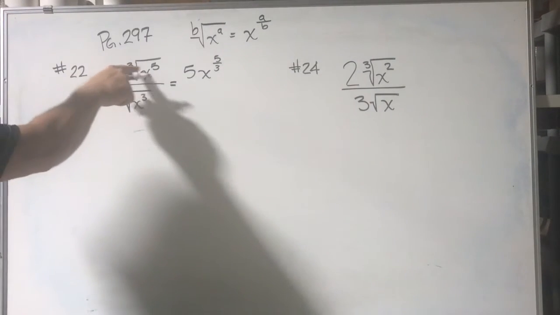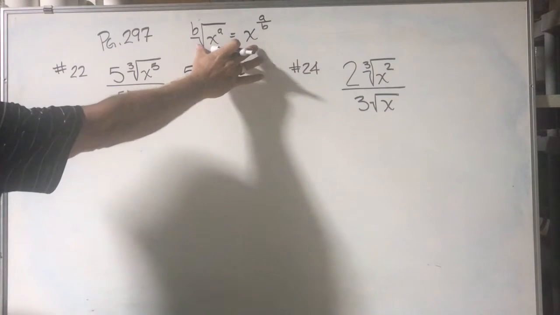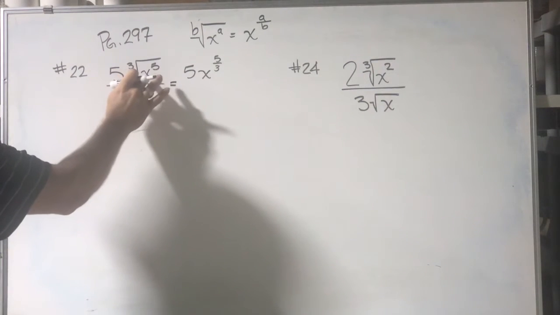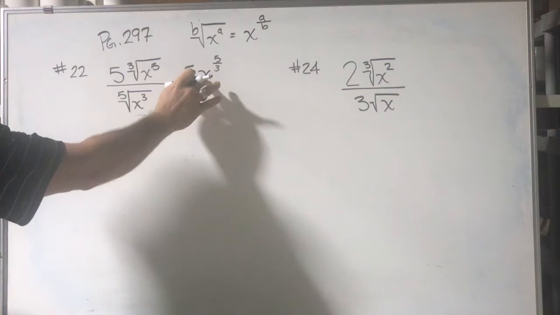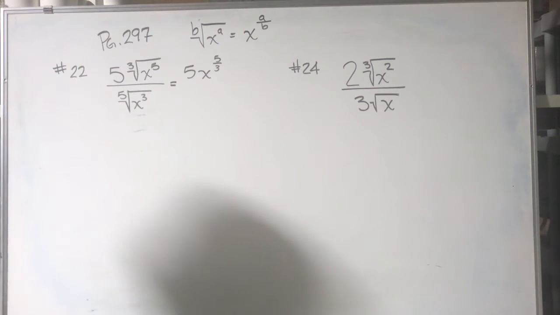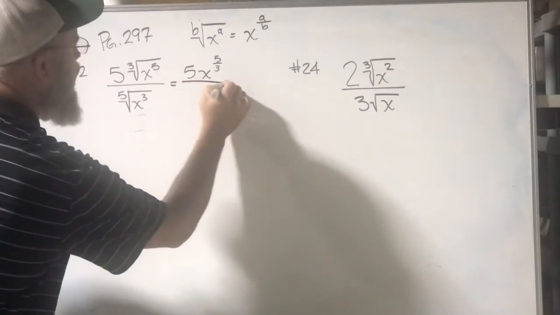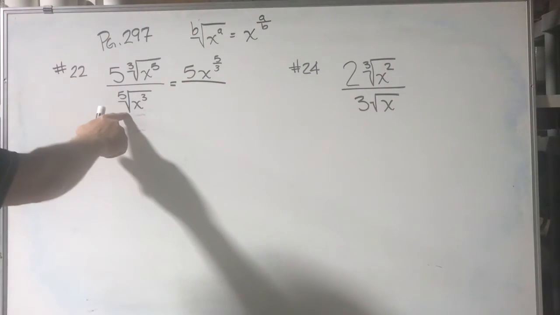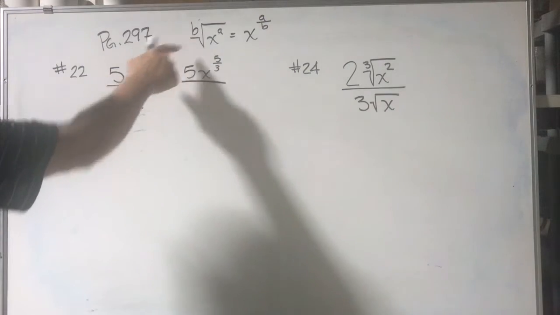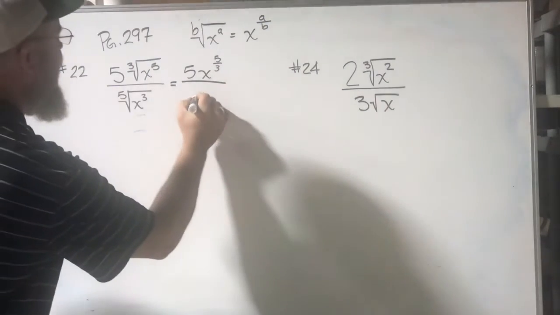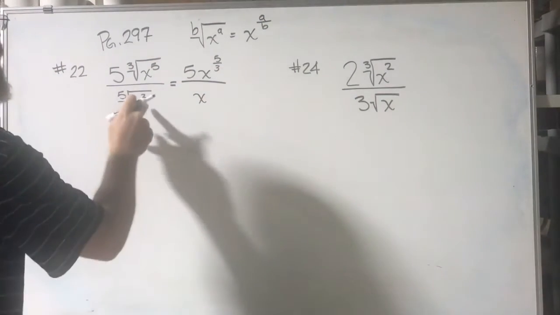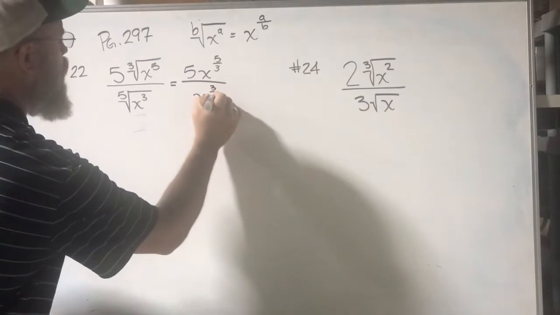Okay? You see how I did that? Using this property, I turned the cubed root of x to the 5th into x raised to the power of 5 over 3. And that is divided by, how do we change this using this property? Well, that would be x to the 3 over 5.